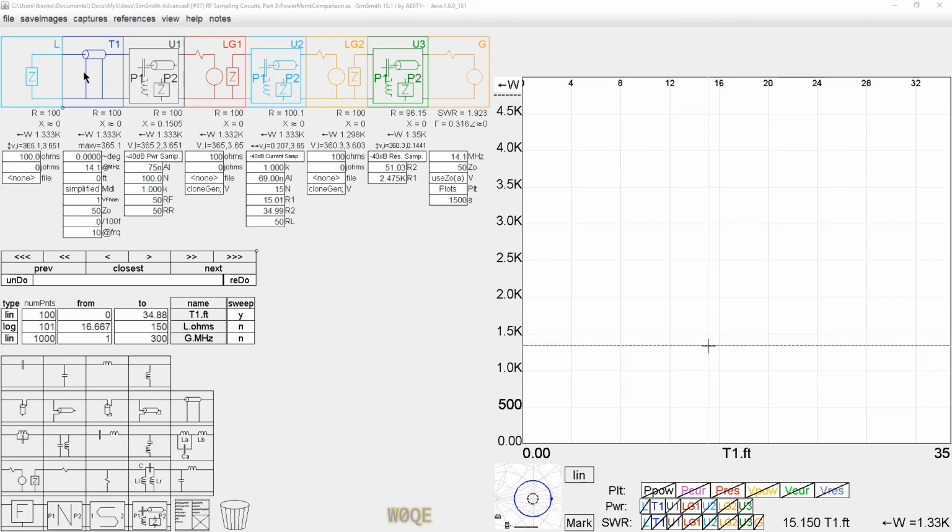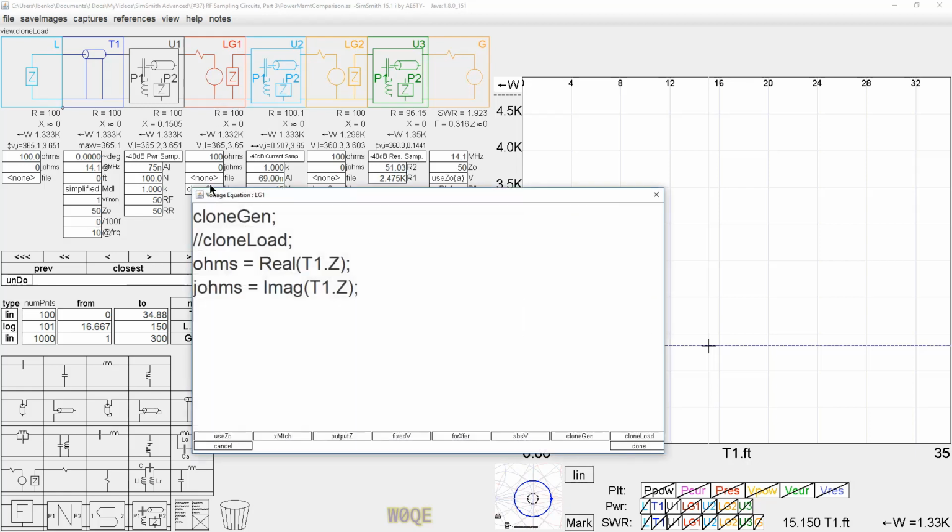The reason for that is I'm going to change the resistance here manually. We're going to sweep the length of transmission line here, and we will obtain all the impedances represented by a certain SWR. I want to use that load for this block and this block also. The way I do that is by not cloning the load here.